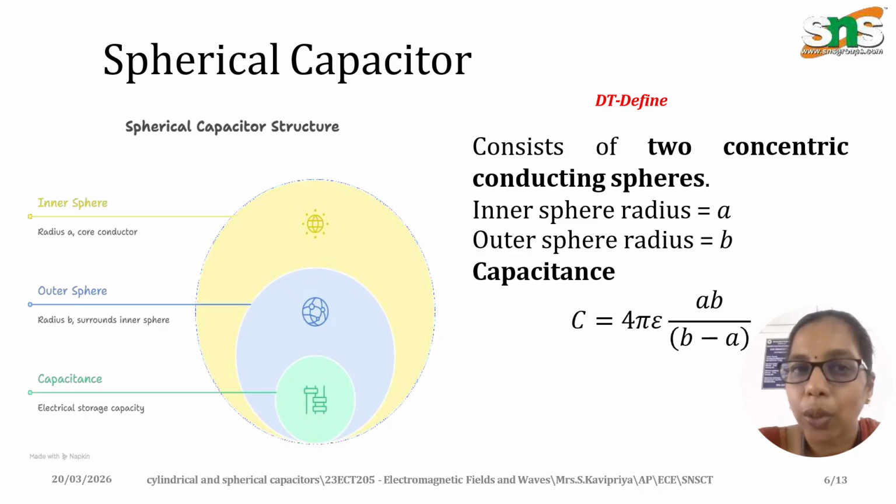The space between the two spheres is filled with a dielectric medium. Epsilon is the permittivity, a is the inner sphere radius, b is the outer sphere radius, and 4 pi epsilon ab by (b minus a) is the equation for the capacitance of the spherical capacitor.